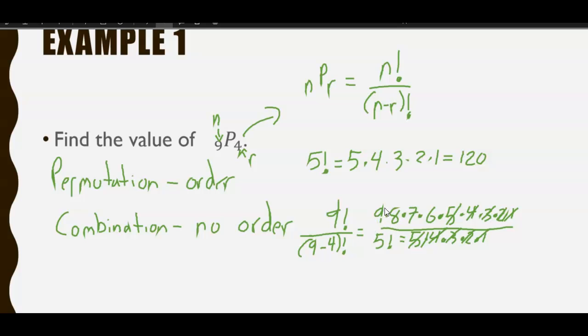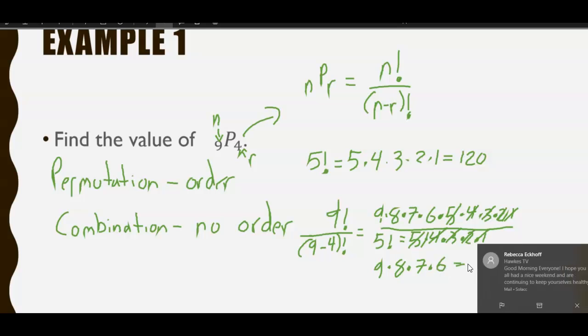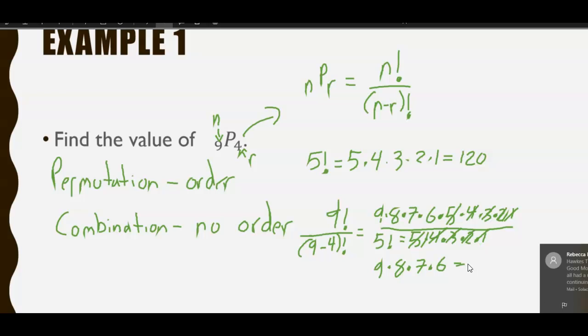So then our answer will be 9 times 8 times 7 times 6, which gives you 3,024.